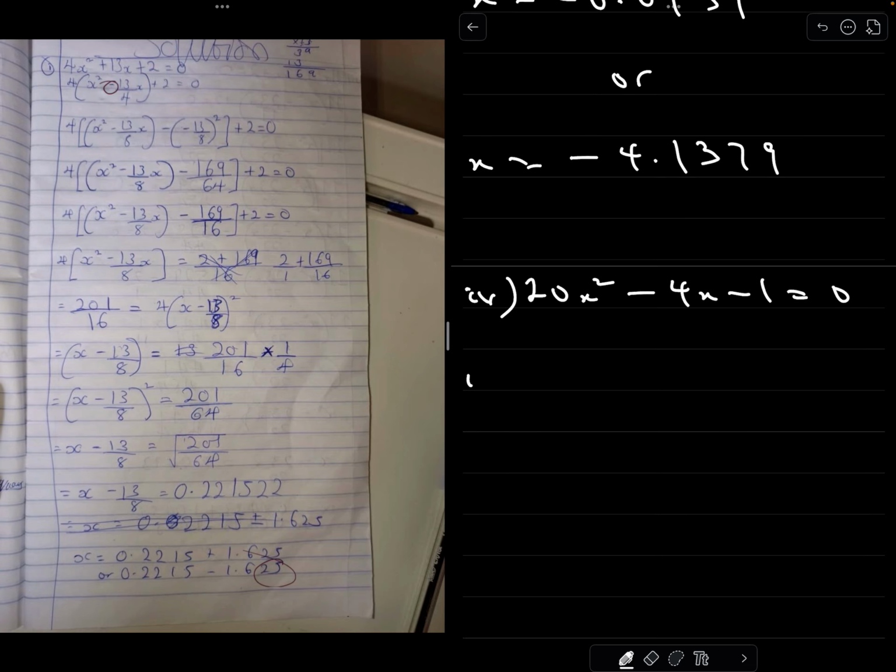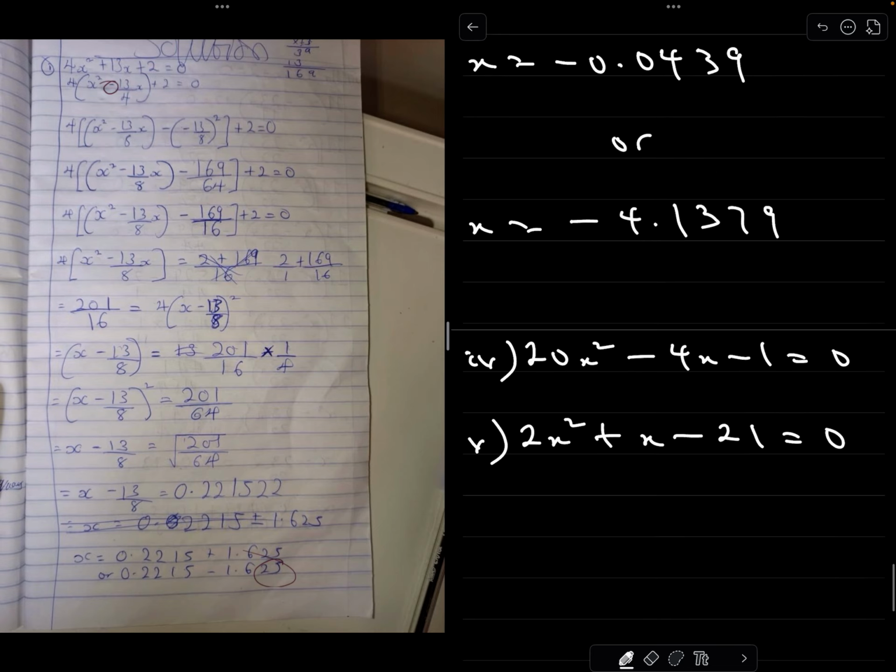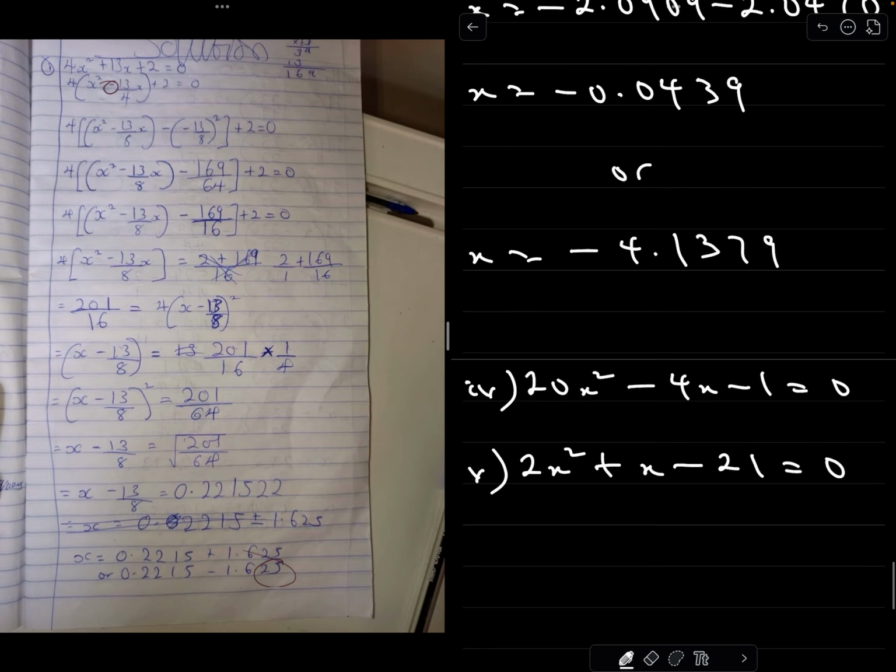And Roman figure 5, 2x squared plus x minus 21 equals 0. Use the completing the square method to solve these two equations.